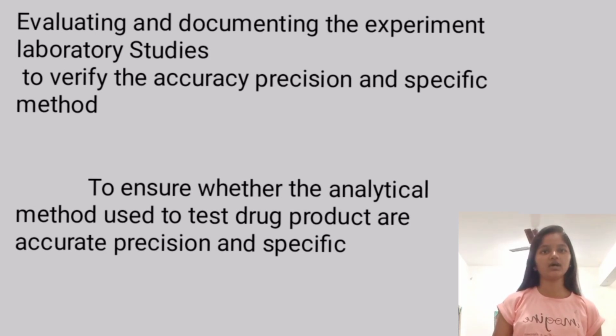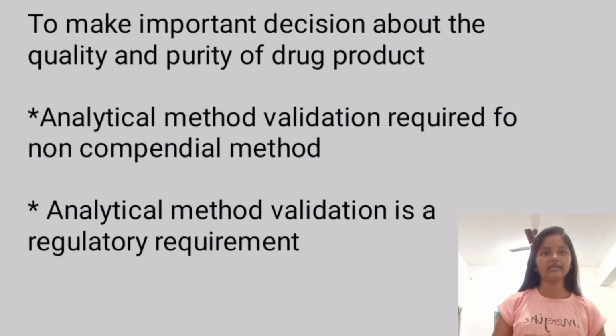To achieve this, the analytical method should be validated before the method transfer to the QC laboratory. It is important because it helps to ensure the analytical result generated by the method are reliable and can be used to make important decision about the quality and purity of drug product.